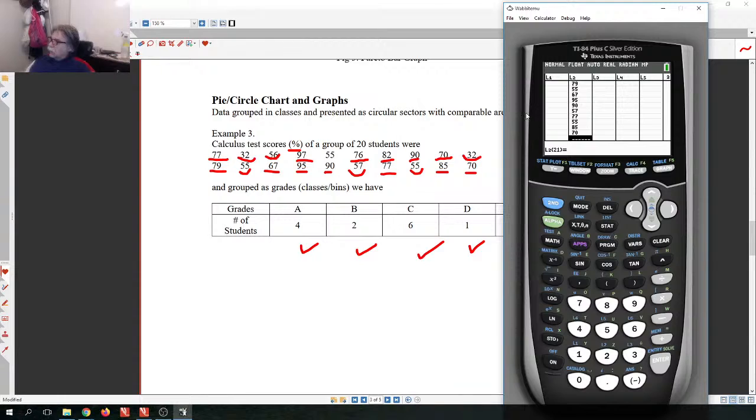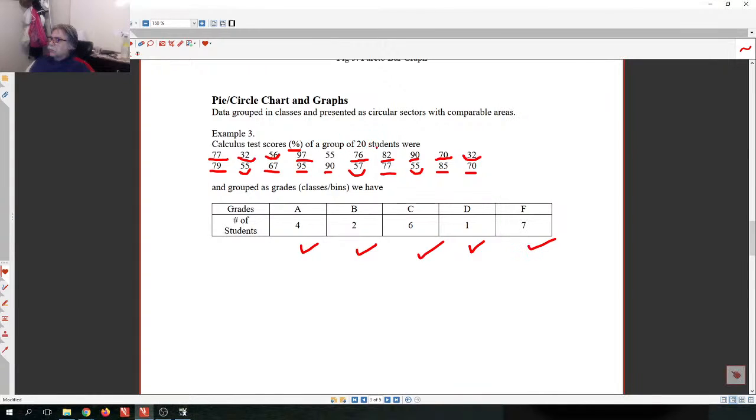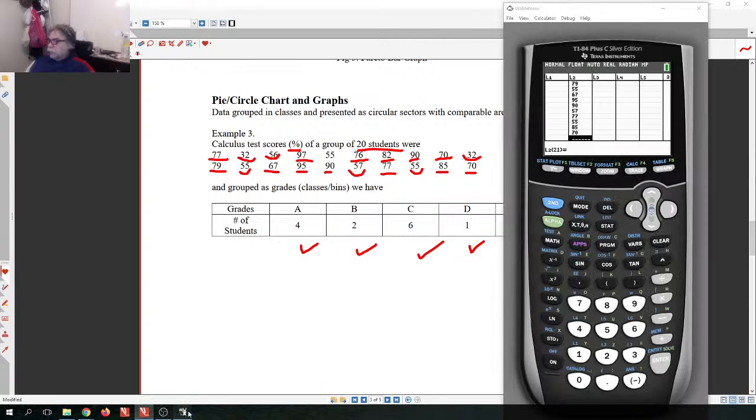Okay, so now I see down there at the bottom, it expects me to put a 21st item into the list 2. I'm not going to do that because I don't have anything else. 20 students, I'm done. Okay, all of the data is in.